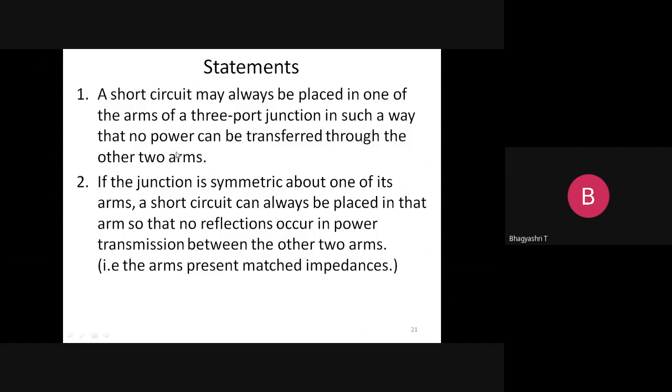This is very important. That means there should be no back reflection. Can we make an arrangement so that there is no back reflection? And second, if the junction is symmetric about one of its arms, a short circuit can always be placed in that arm so that no reflection occurs in power transmission between the two arms.